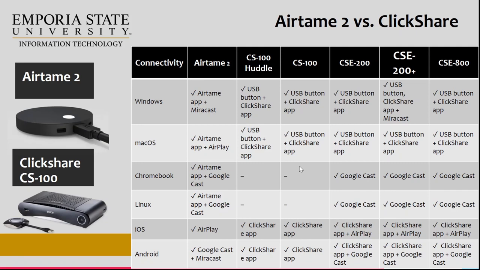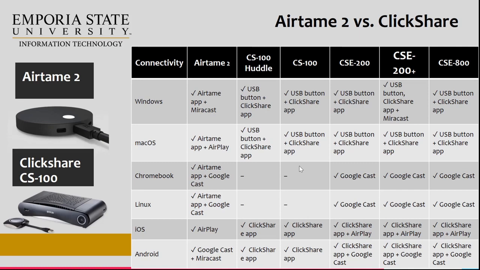What the cast functionality is, if you've heard of things like Miracast, Chromecast, AirPlay, AirServer, those are native casting applications that are built into certain manufacturers' devices. For example, Windows uses Miracast, Mac OS uses AirPlay, Chromebook uses Google Cast.